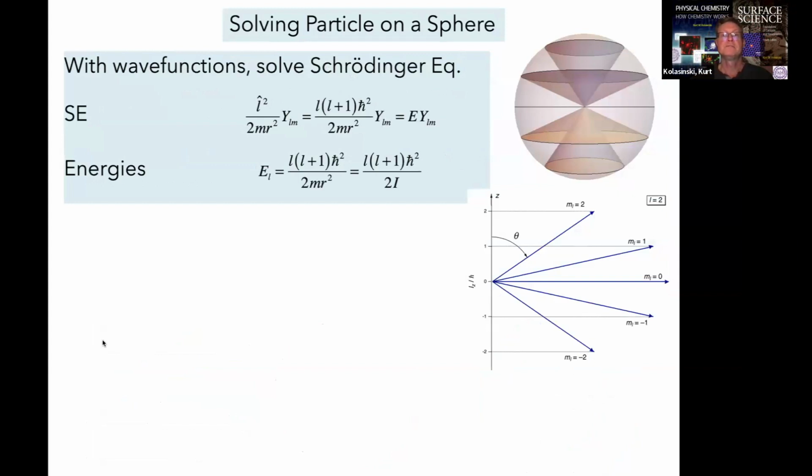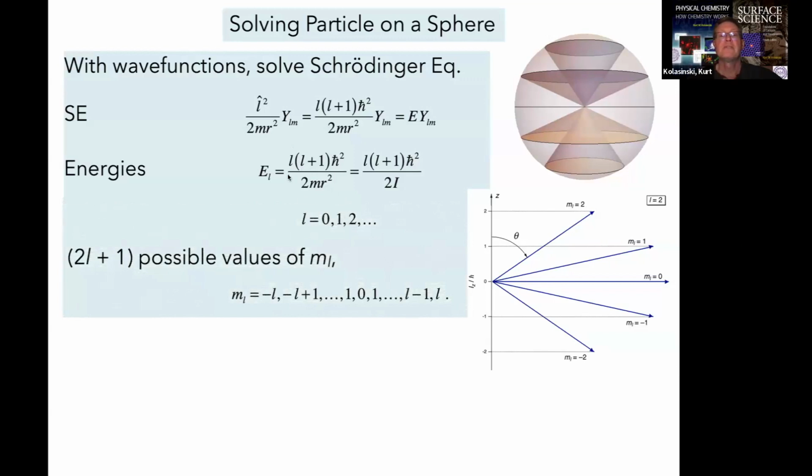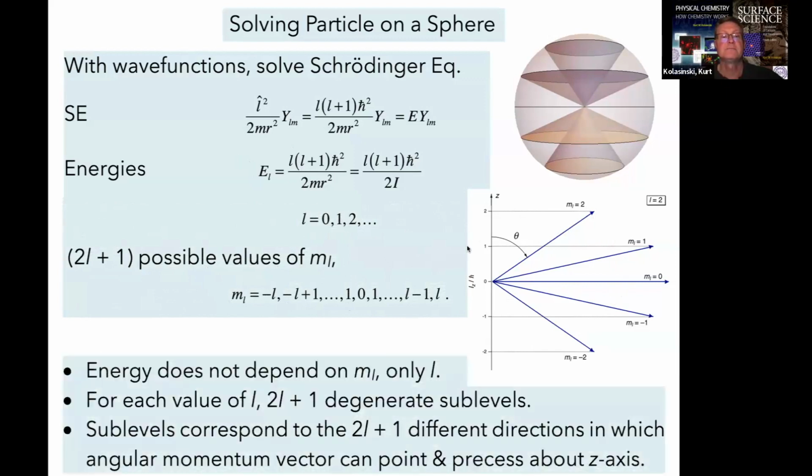All right, so for the particle on a sphere, we solve the Schrodinger equation. The Schrodinger equation then has quantized values of energy. The energy only depends on the L value, right? The L value determines the energy, but there are 2L plus 1 values of m sub L. Those determine the projections of the angular momentum along the z-axis.